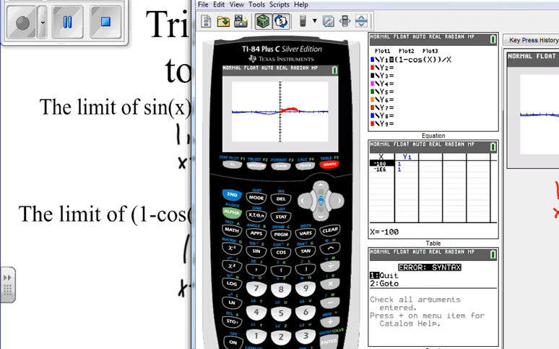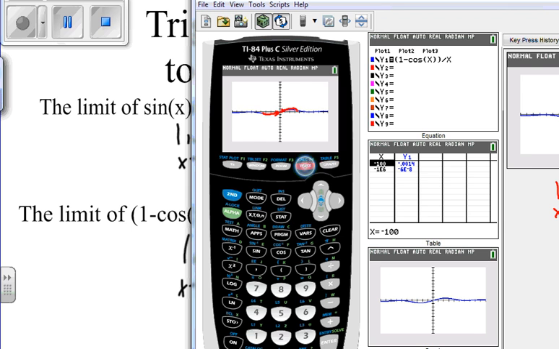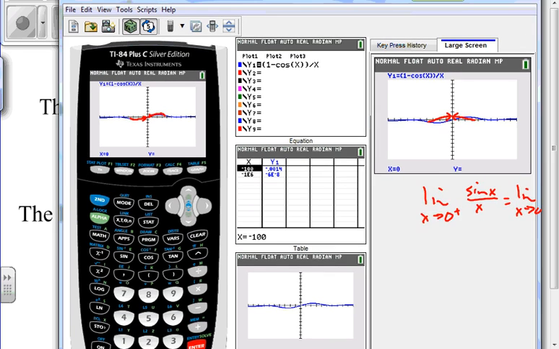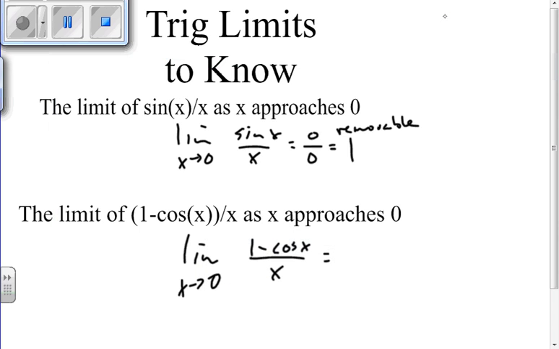Once again, this is undefined because as you plug in 0, we get 0 over 0 again. If you trace this and plug in 0 into our function, you get no value. There's a hole, but yet the limit does exist. The limit is approaching 0.